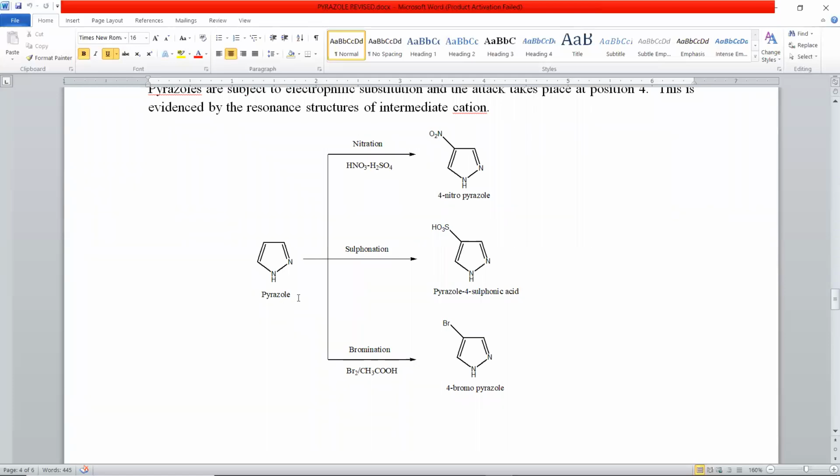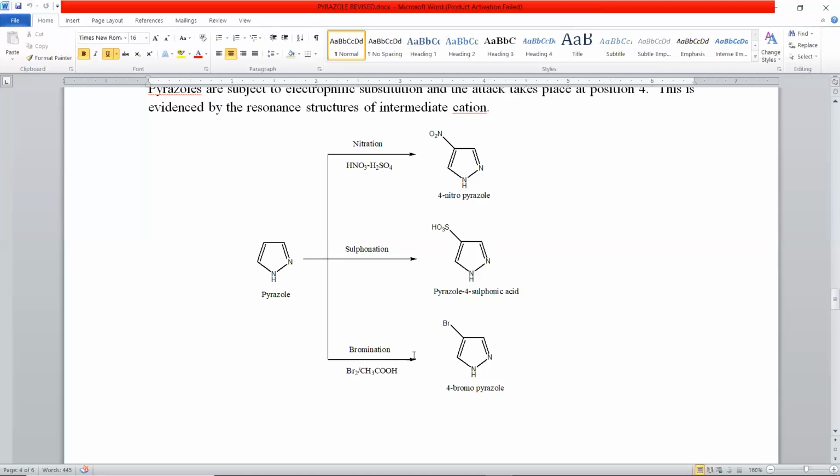Unsubstituted pyrazole can undergo nitration to form 4-nitropyrazole. So in electrophilic substitution, NO2 is substituted as an electrophile at the 4th position. Similarly, sulfonation results in the formation of pyrazole 4-sulfonic acid. This is also another electrophilic substitution.